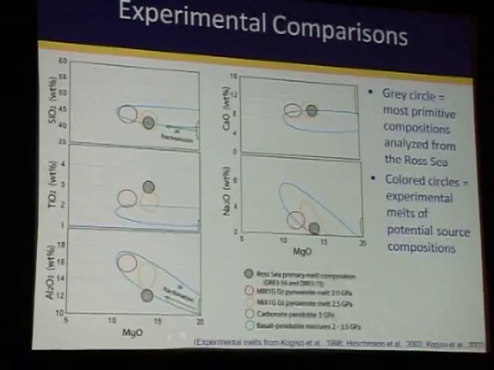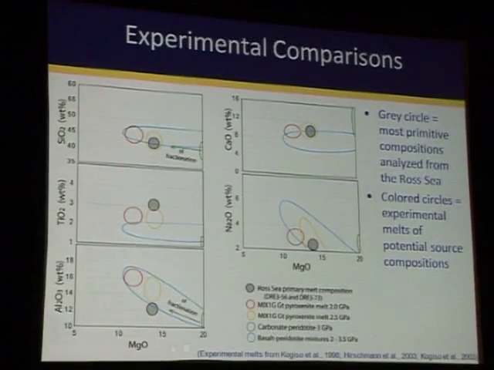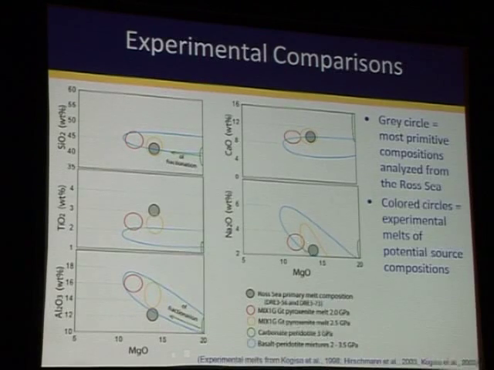To cut a long story short, when we look at major oxides, we find that our most primitive melt compositions, shown in the gray circles, match most appropriately with sources of materials such as garnet pyroxenites, or one could also make the argument that they could be derived from compositions which are barely making it into the field of view in these slides, and those would be carbonated peridotites.